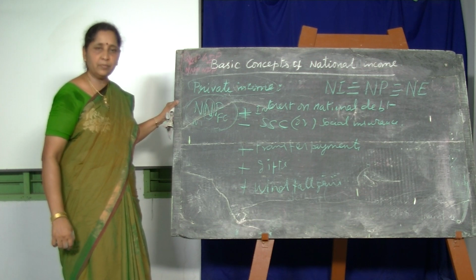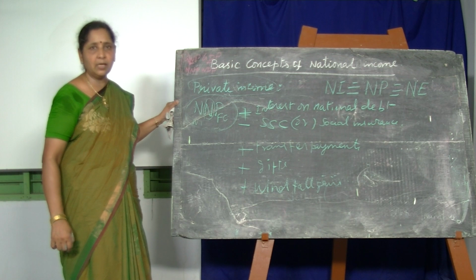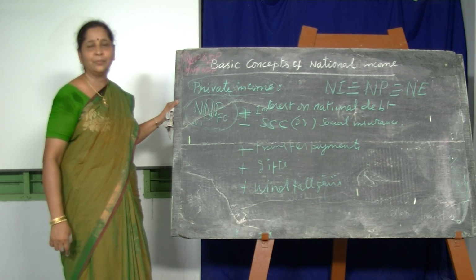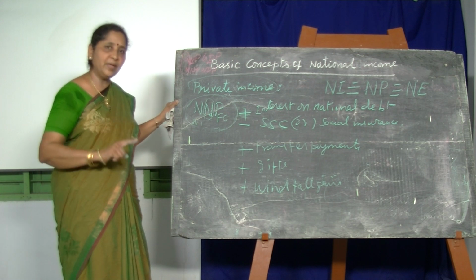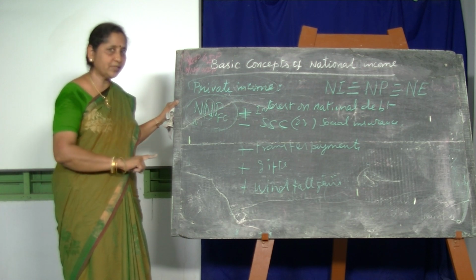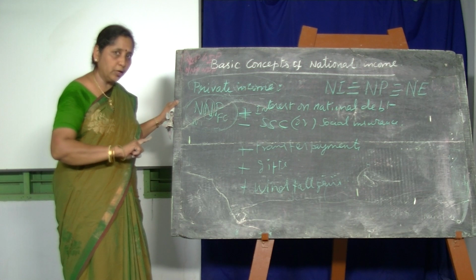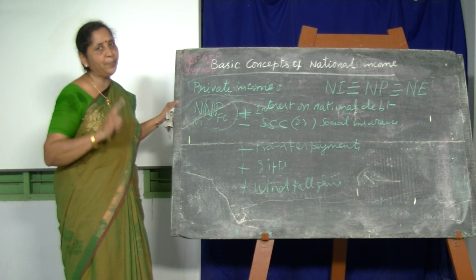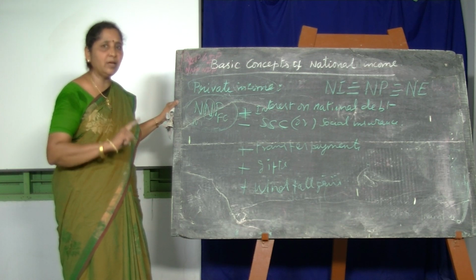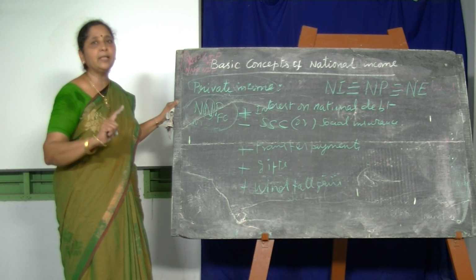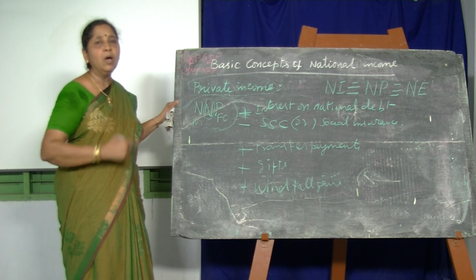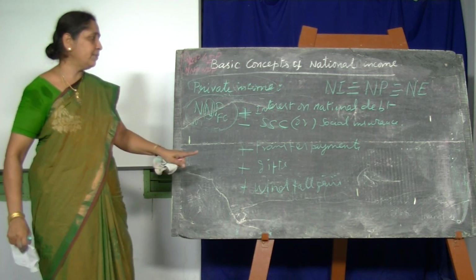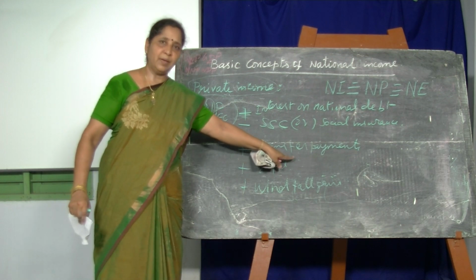Do you do any service in turn to the government for receiving the scholarship? No, isn't it? So the payment is transferred. Do you understand well? You are not contributing any service, whereas you are receiving the payment. This transfer payment will always be done only by the government. I will not make you payment for nothing. Only the government makes this payment.